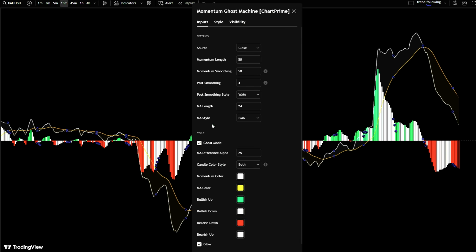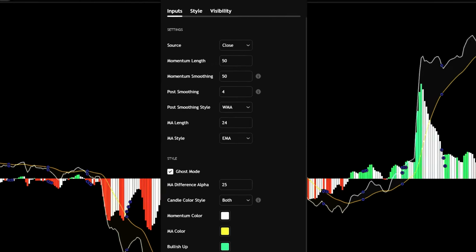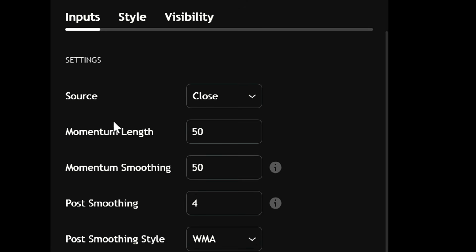Now for this one, I make some pretty important adjustments to use it for confirmation. In the settings under the inputs tab, I change the momentum length, momentum smoothing, and the MA length all to 200. This is because I'm looking for a much longer-term, more reliable read on momentum.